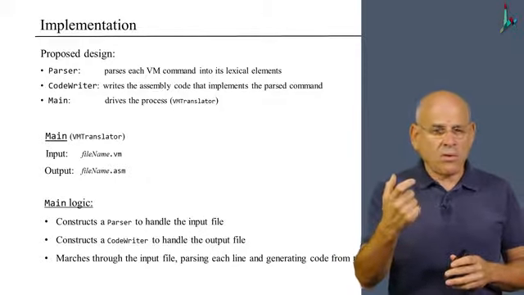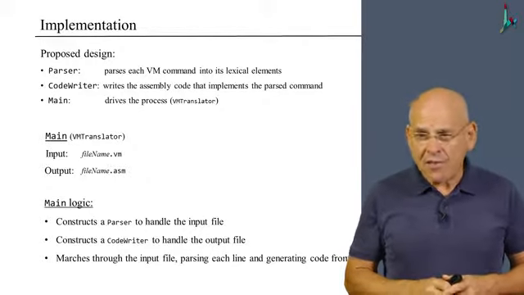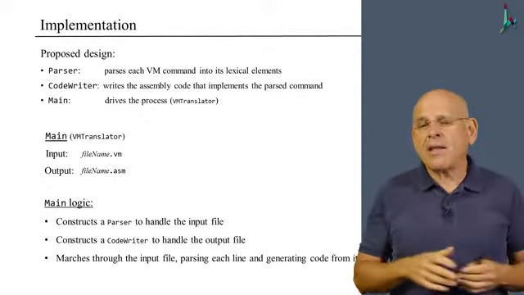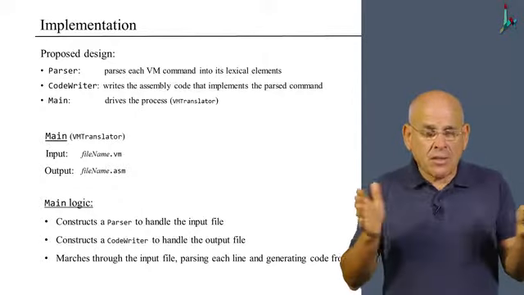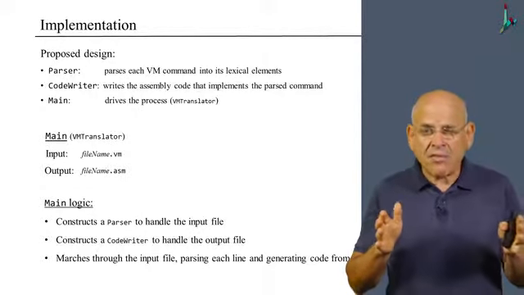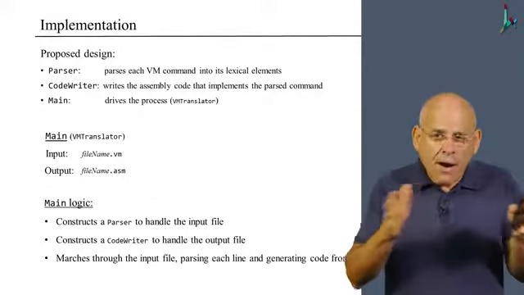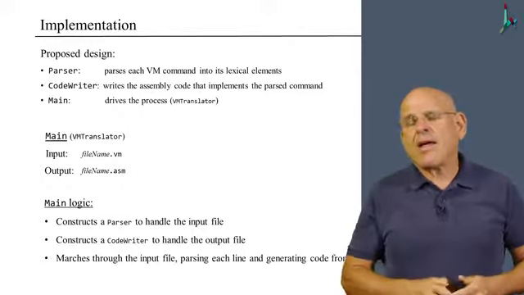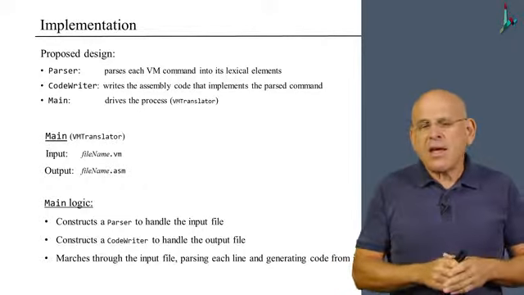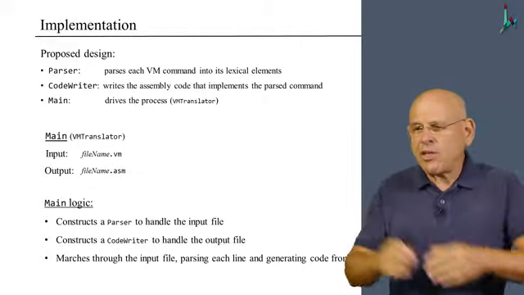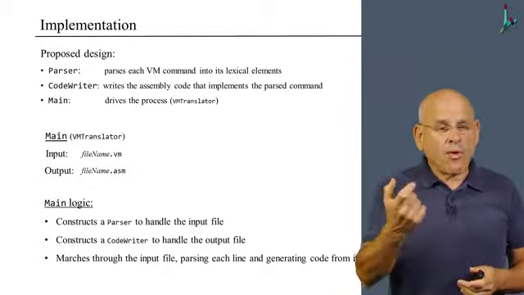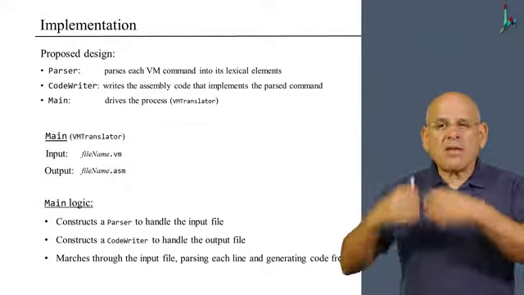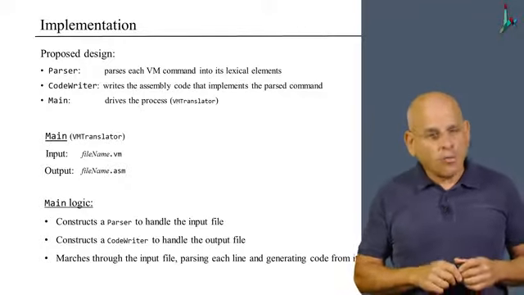For each of these rows, which represents a VM command, we can parse this row or line using our parser functionality. And once we parse this line into its constituent VM elements, we can pass this information to the code writer in order to generate the appropriate code in assembly that we will later put together and write to the output file.